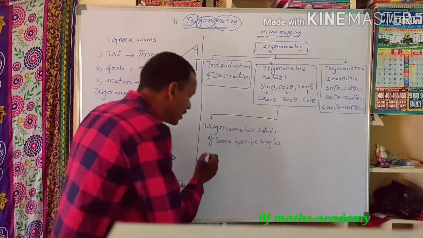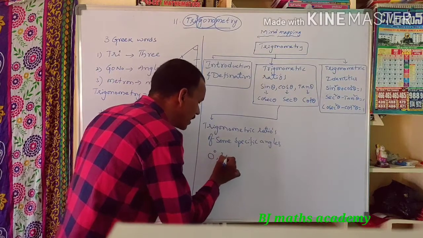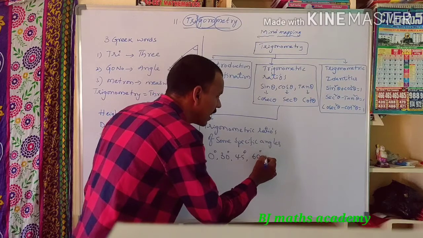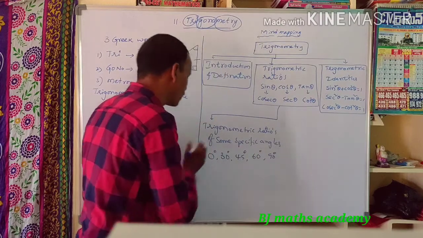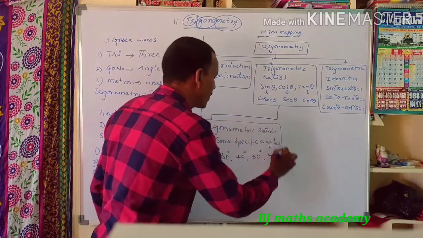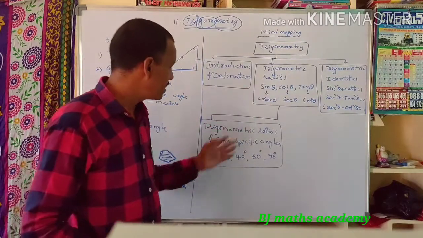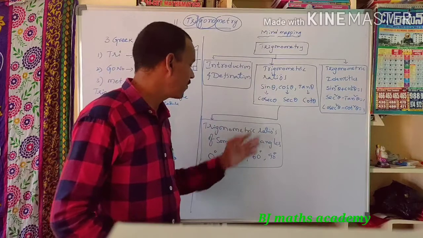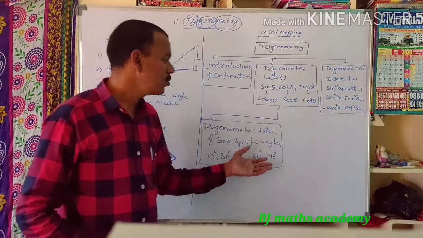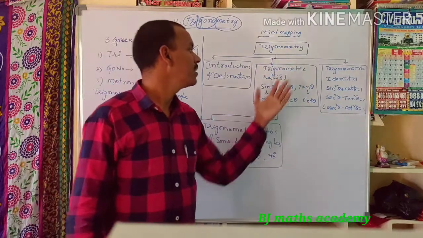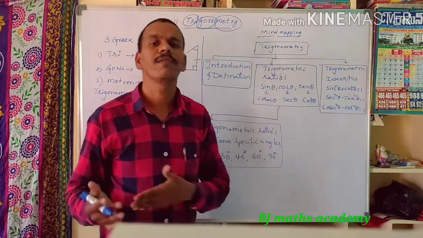That is 0 degrees, 30 degrees, 45 degrees, 60 degrees and 90 degrees. There are 5 specific angles we can use in the trigonometric ratios, like sin 0 value, sin 30, sin 45, sin 60, sin 90. Like that we have to find the values. Even the remaining trigonometric ratios' values also we can find.